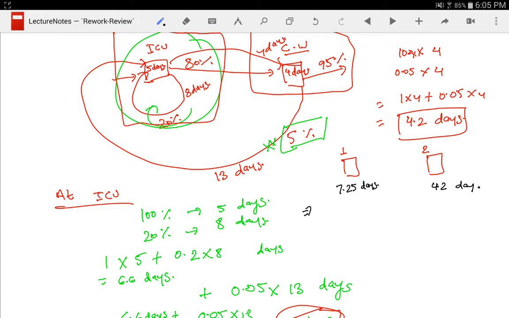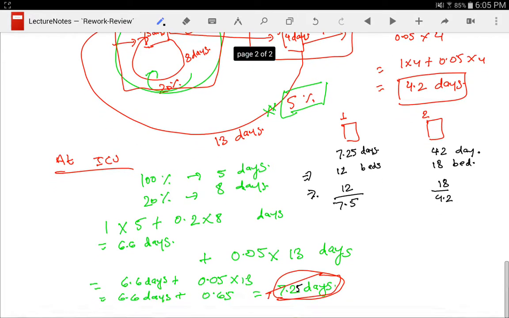So it's just like saying there are 12 workers here and 18 workers here. So the capacity here is 12 divided by 7.25, and here 18 divided by 4.2. So the processing capacity here is 1.6551 patients per day. Here it is 4.2857 patients per day.